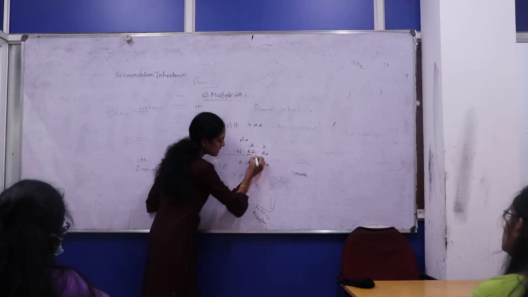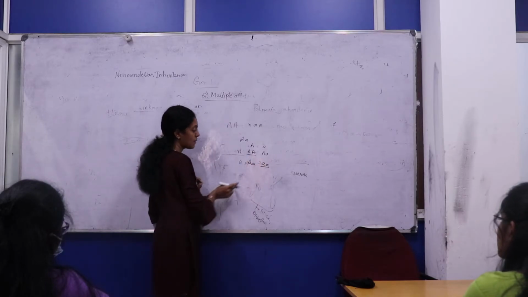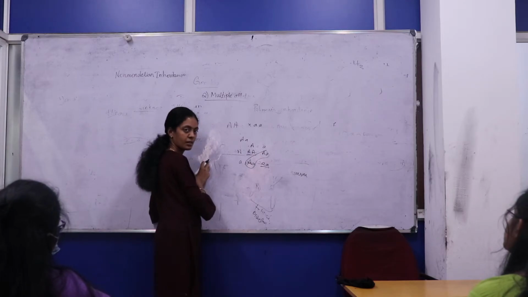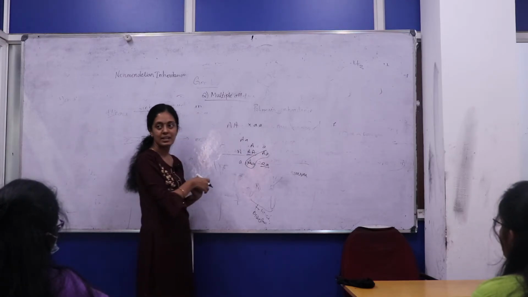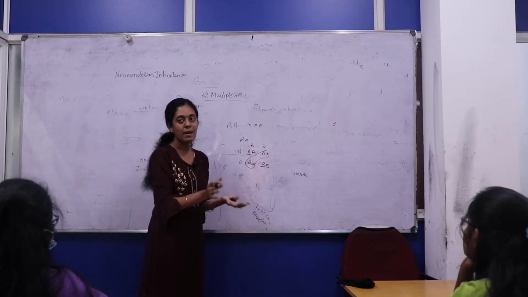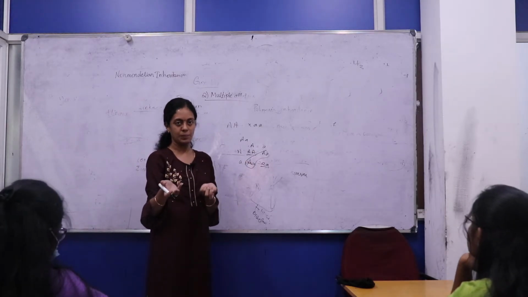You have this and this as your parental type, whereas this is a recombinant type. Are you guys understanding what is parental and recombinant? Parental means they have the exact genotype as that of the parent. Recombinant is something new. That is it.